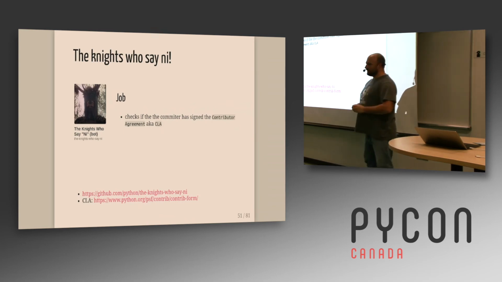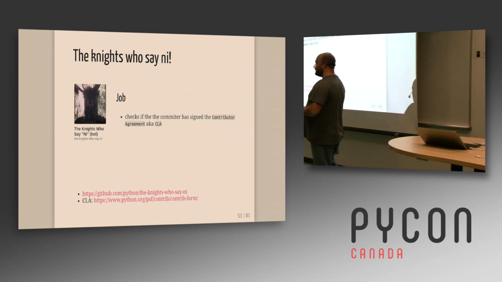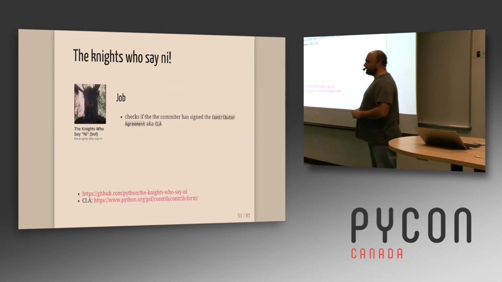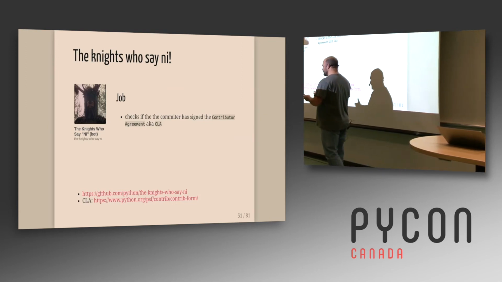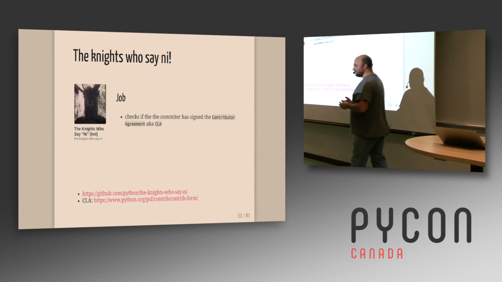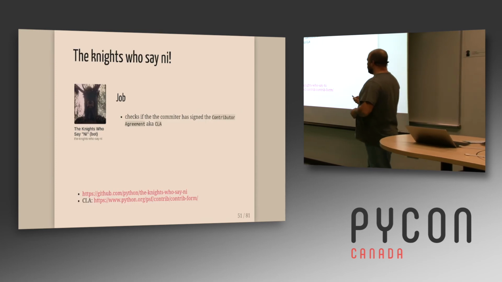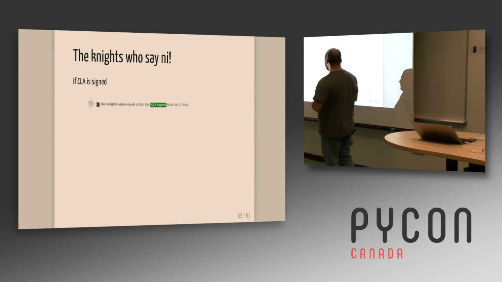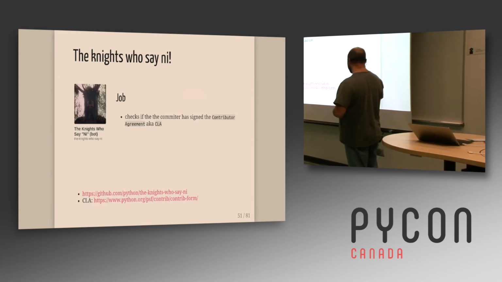This one will check if you signed the CLA, the contributor agreement. Yes, because when you create a patch, the property will go to the PSF. You can see, if you want to contribute, there is the link for the CLA. Do you want to sign it? Please.